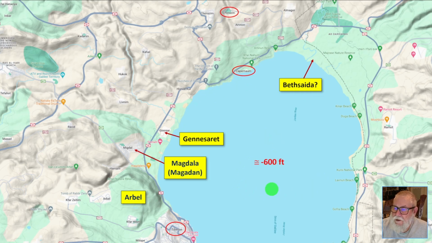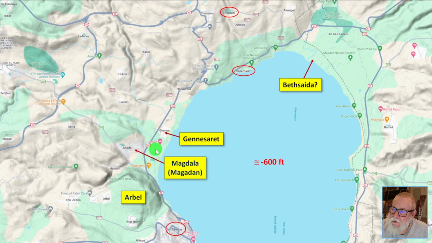Now, across that slot from Mount Arbel is the village of Migdal, which in biblical times was called Magdala or Magadan, depending on where you're looking. That's where Mary Magdalene was from.